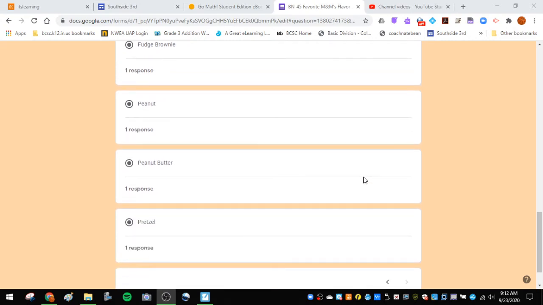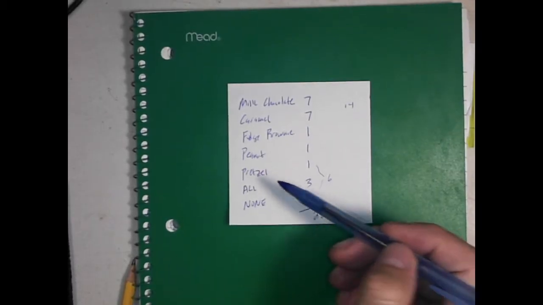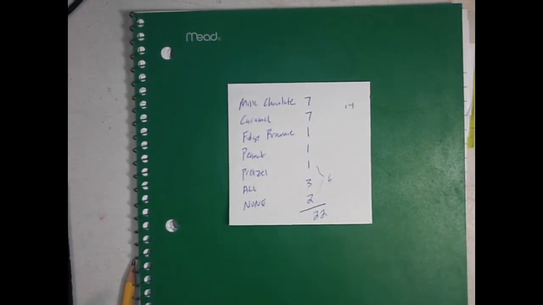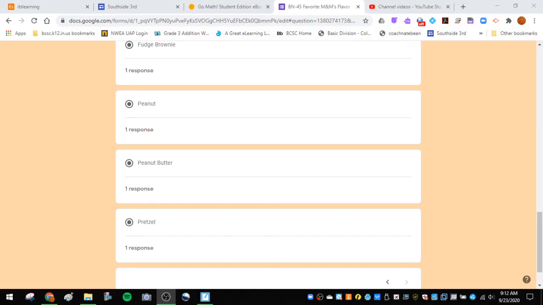You'll see right here. I forgot one. Okay, right here I go fudge brownie, peanut, pretzel, but here is peanut and then peanut butter.